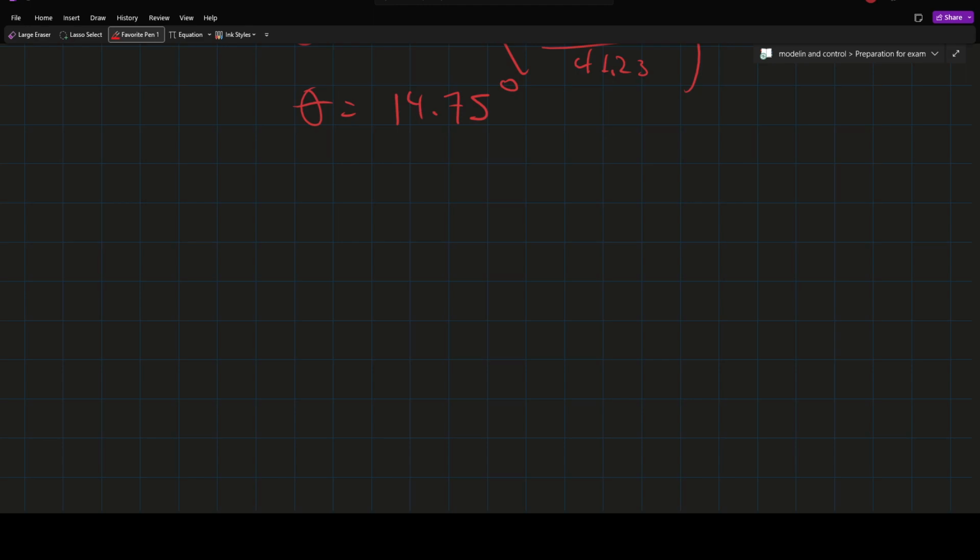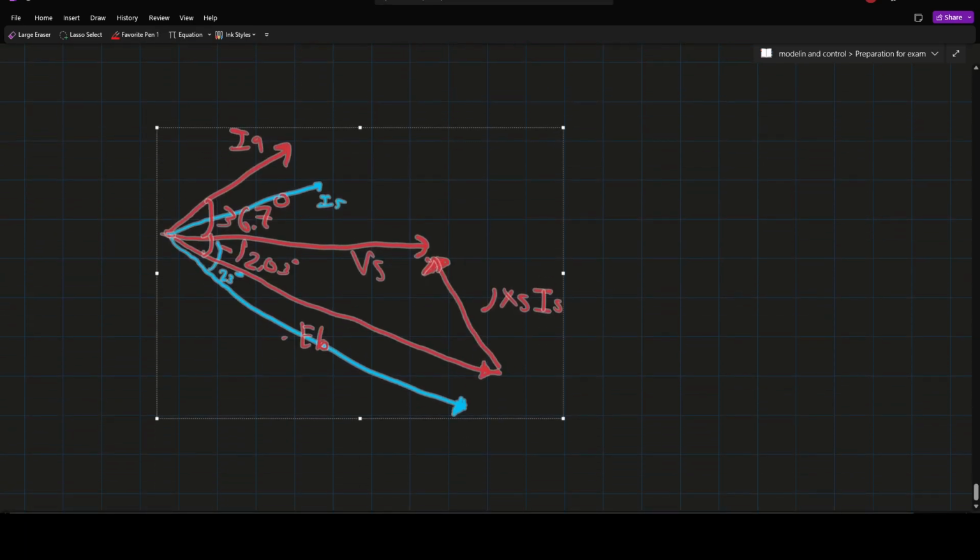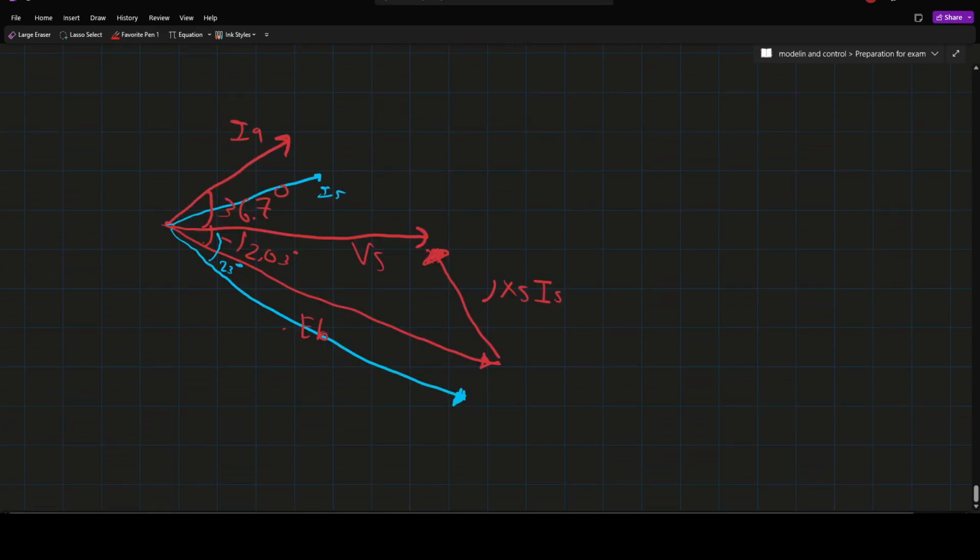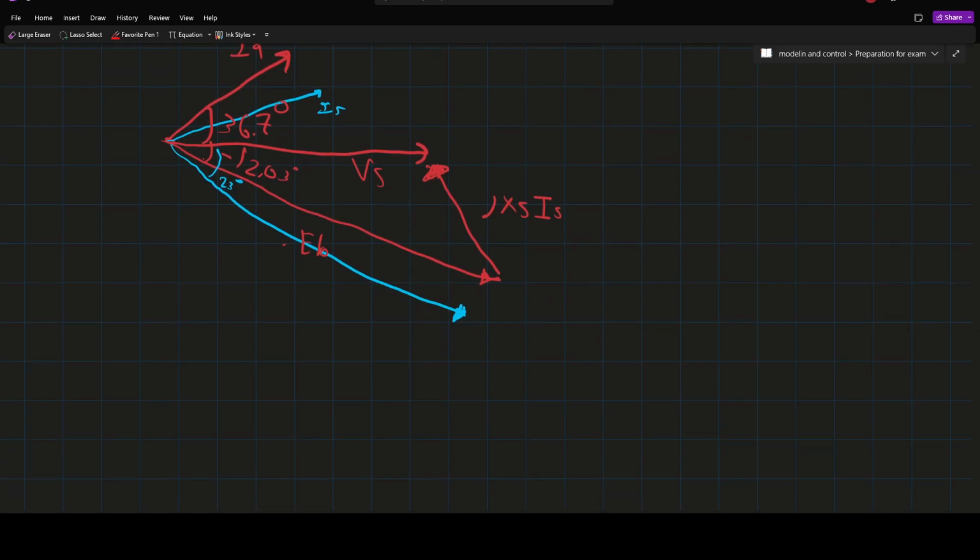They are not my best work. But here we can see that the magnitude of IS did not change, it is the same. What changed was the angle. Our IA went from negative to positive.